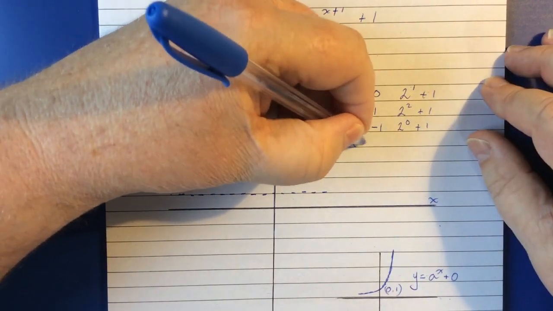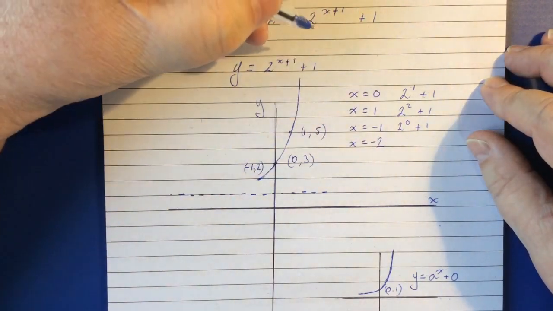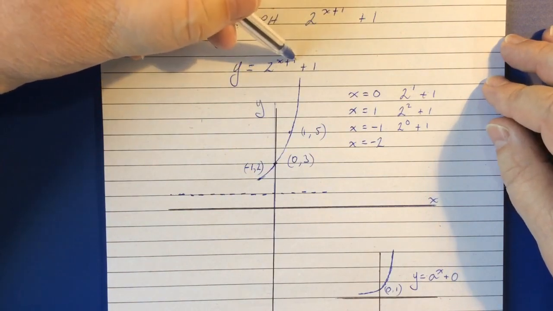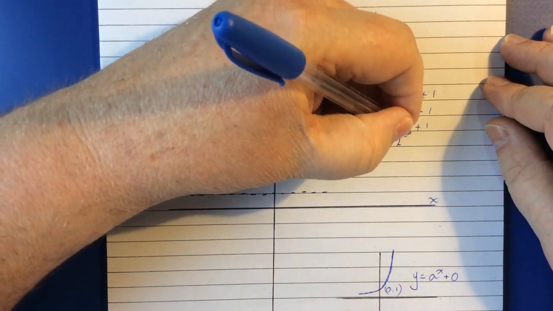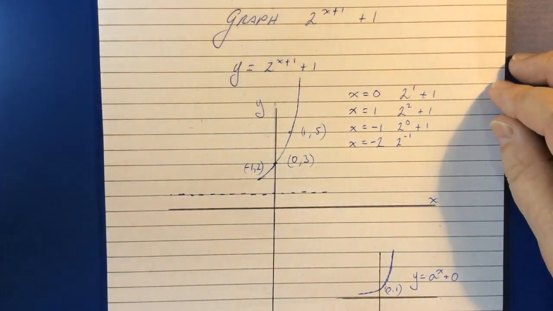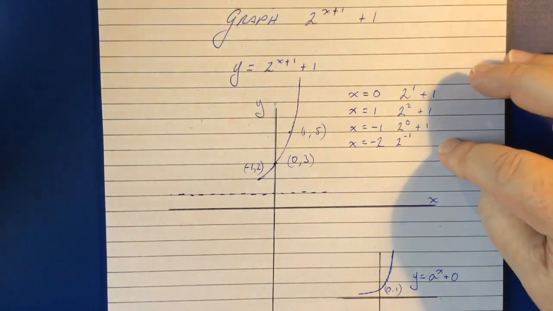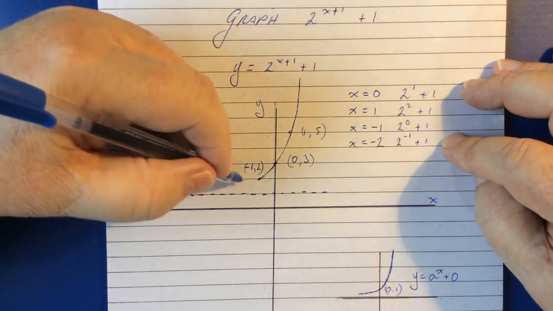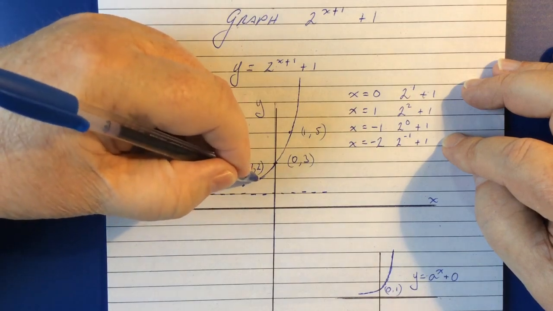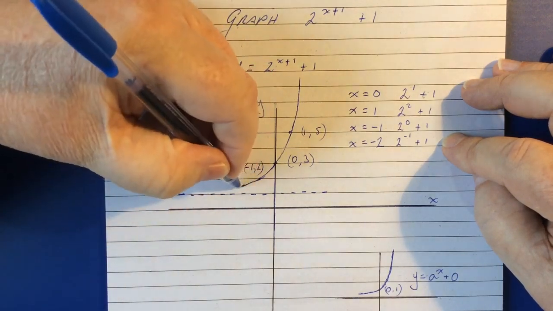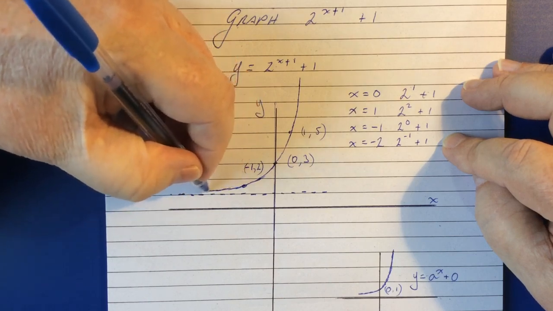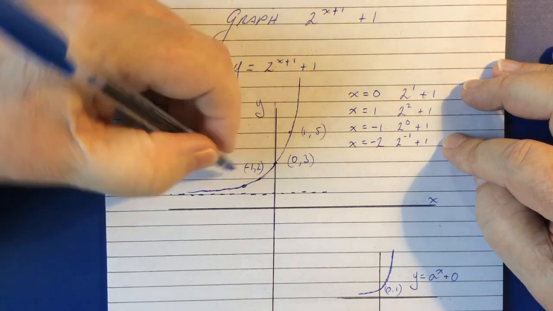Okay, so x equals -2. So that is 2 to the power of -1. 2 to the power of -1 is a half. A half plus 1 is equal to 1.5, or 3/2. So I think I can comfortably state that this graph is going to look like this.